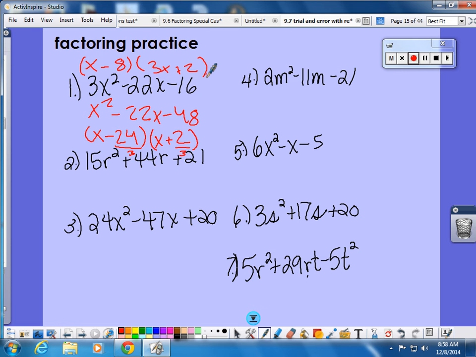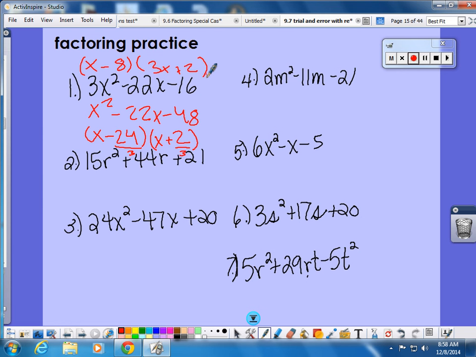Y'all agree? 3x squared plus 2x minus 24x will give me negative 22x, and negative 8 times 2 is negative 16. Very, very good. Alright, are you ready? I need help. Alright, well, come on. I will help.